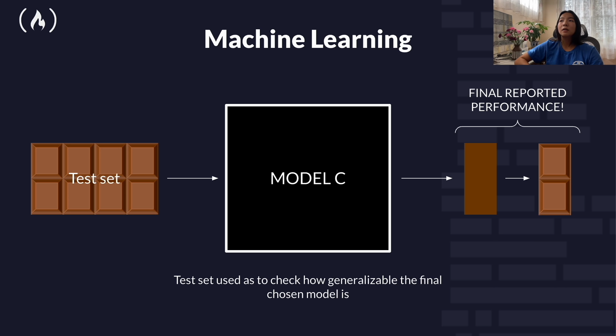So if I finish training my diabetes model, I could run it through some chunk of the data and say, this is how it would perform on data that it's never seen before at any point during the training process. And that loss is the final reported performance of my model.